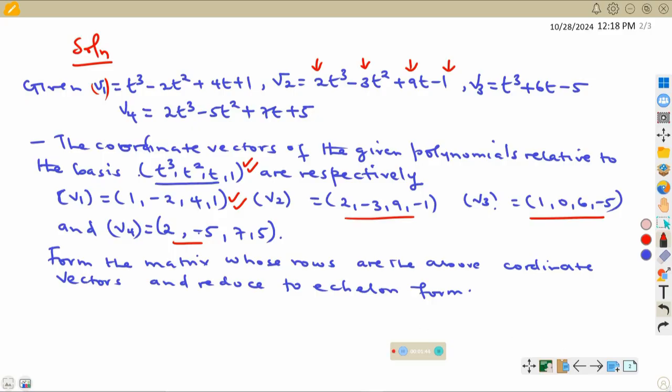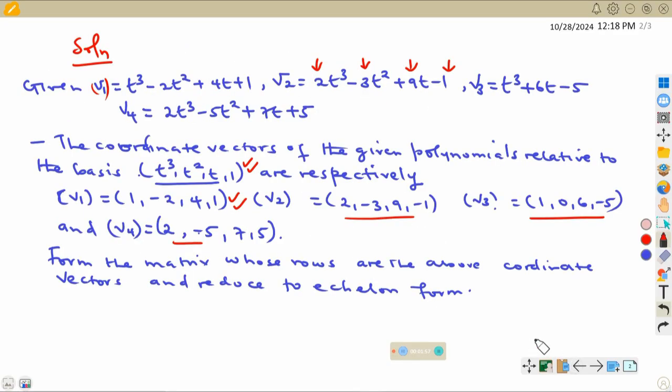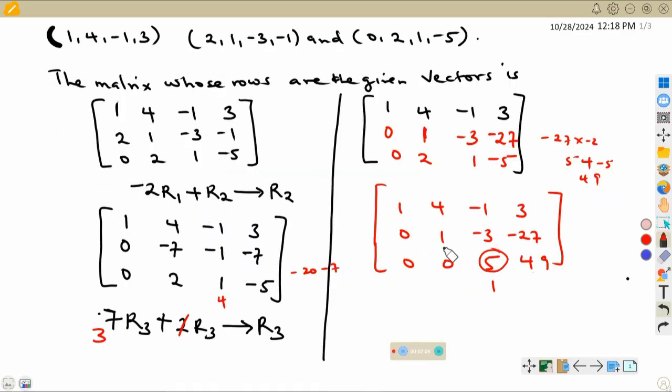The matrix corresponding to these vectors will be this matrix: 1, negative 2, 4, 1, 2, negative 3, 9, negative 1, and others. So these are the coordinate vectors we are considering. We take the row form, so they will be treated in a row form.